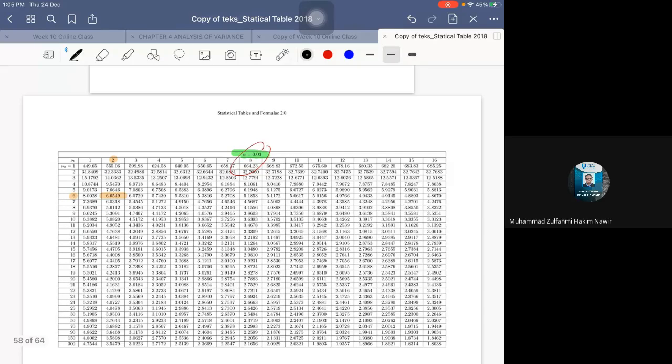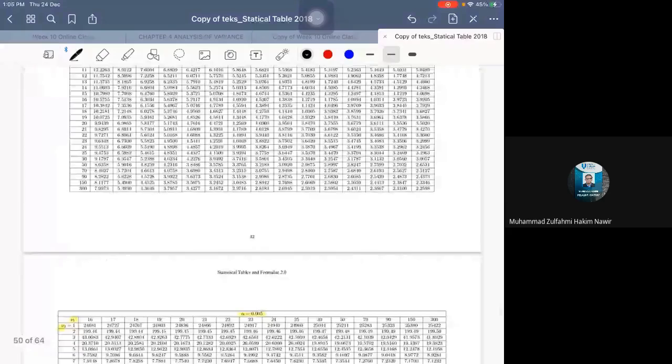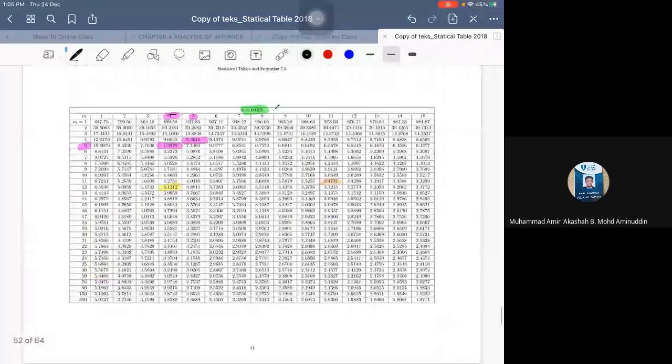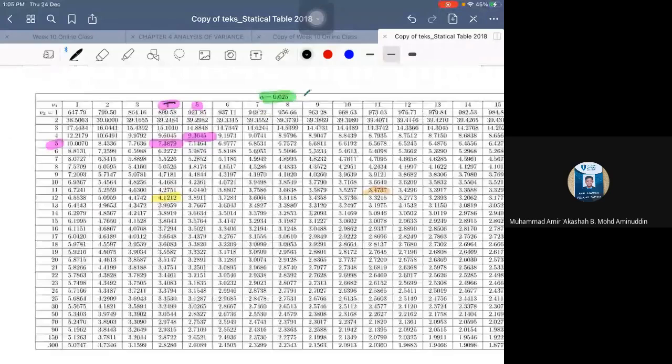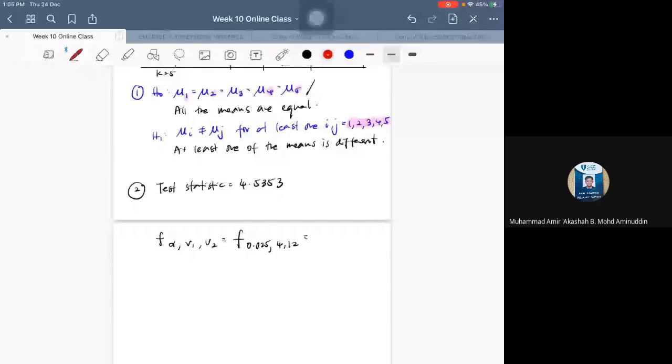I know what happened. This is not the value of a test. No, this is 0.025, page 44. Yes, exactly, it's on page 44. This is the value, so it's going to be 4.1212. So I'm going to put right here, it equals 4.1212.